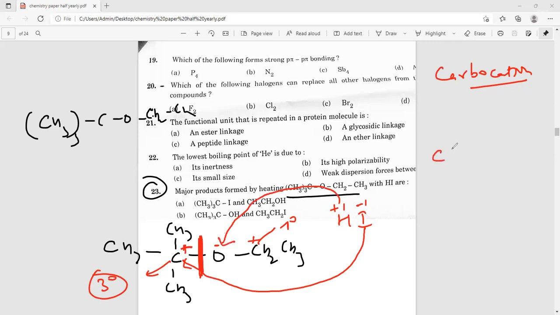Then the compounds will be CH3CH2OH, and the second one is (CH3)3C-I, right? The answer is A. Question number 23, A is the right answer.